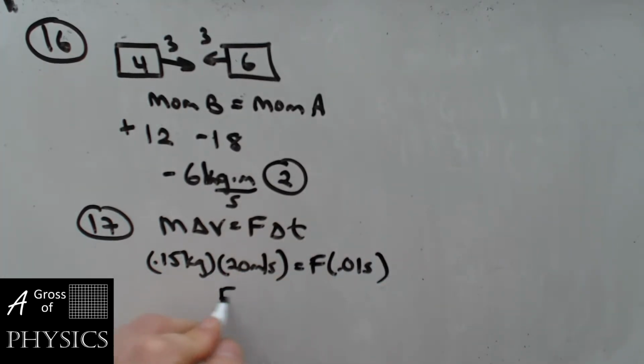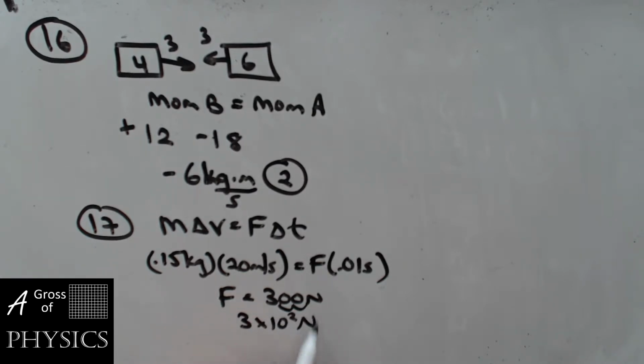What's the force? 0.15 times 20 divided by 0.01, 300 newtons. Now, they're all in threes, so it's scientific notation. 1, 2, 3 times 10 to the 2 newtons. Choice 4.